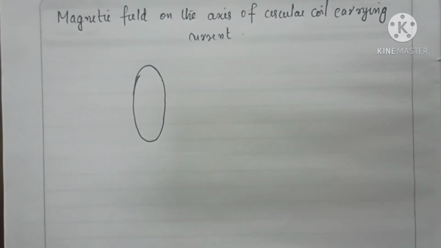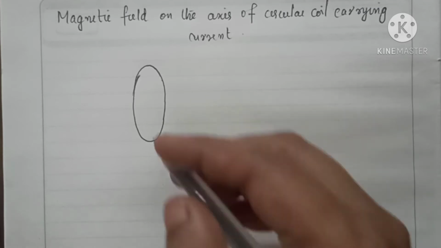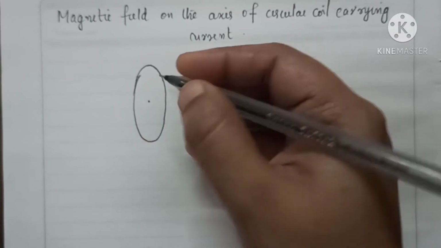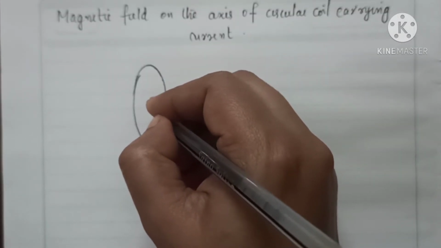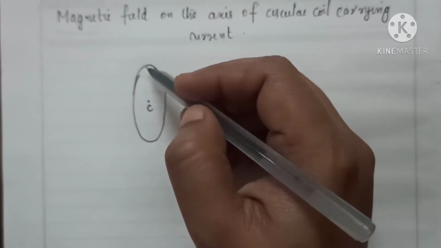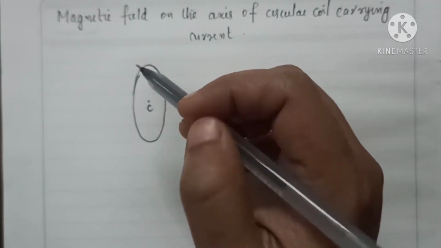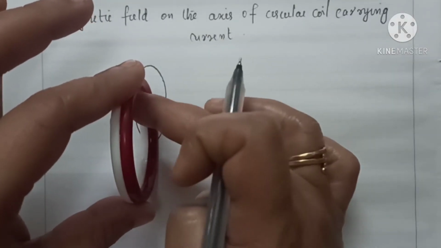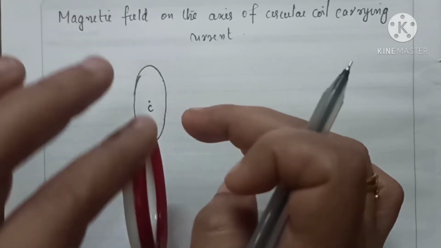Then let C be the center of this circular coil. You know, the plane of the coil is perpendicular to the plane of the paper, because in this way only. So the plane of the coil is perpendicular to the plane of the paper.